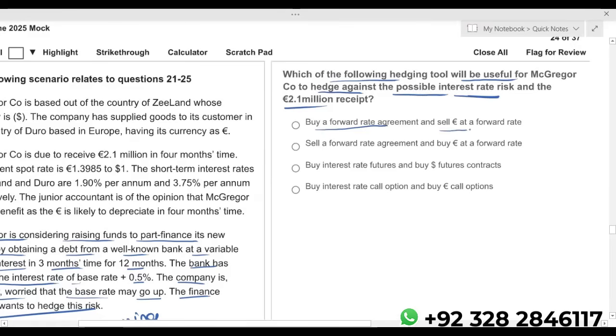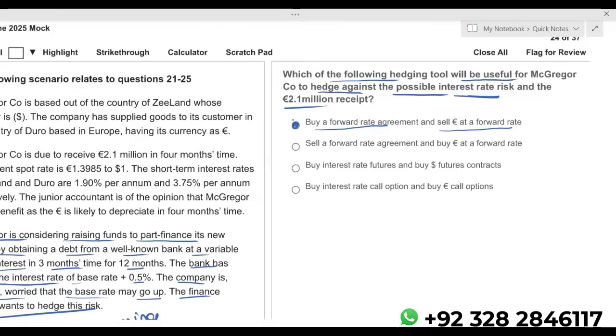And sell euro at forward rate. That's perfect. Number one is absolutely correct. Obviously, 2.1 million receipts can easily be hedged by selling at the forward rate. Just take the forward rate to sell euro 2.1 million and just buy a forward rate agreement for interest rate risk.